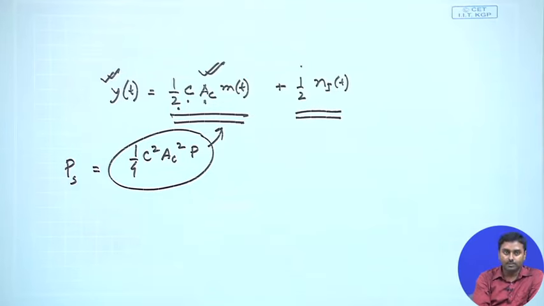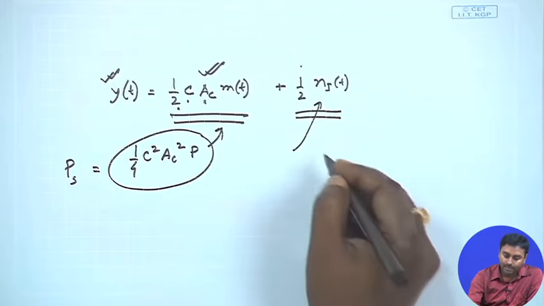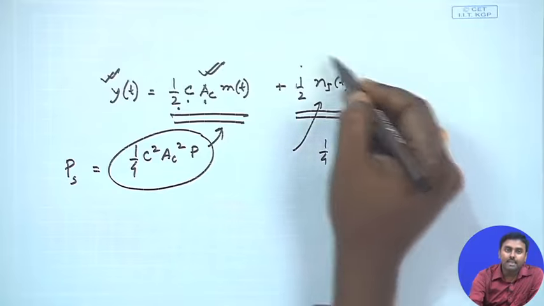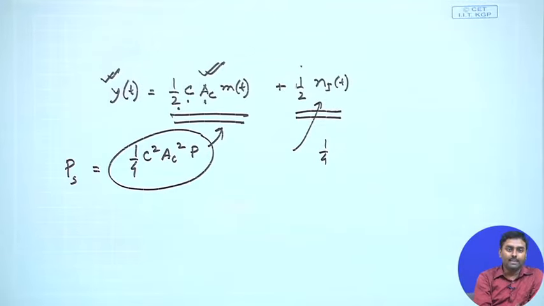Now, I have to get the noise power, which is 1/4, because there is a half, times the integration of the power spectral density of Ni. This is something we already characterized in our band pass random process analysis.